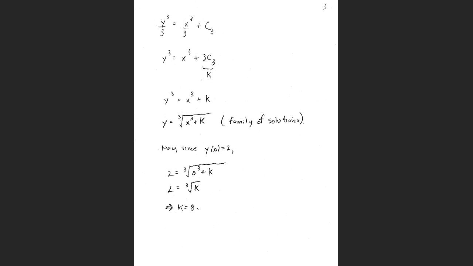So I'm going to multiply both sides of the equation by 3. So I'll get y cubed, and on the right side, the 3 gets distributed to both of those terms, giving me x cubed plus 3c3.